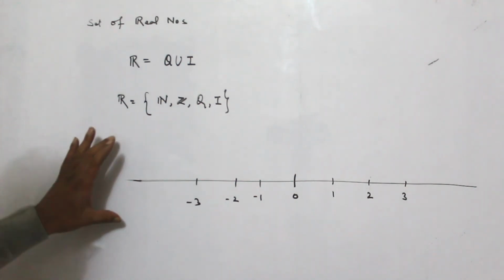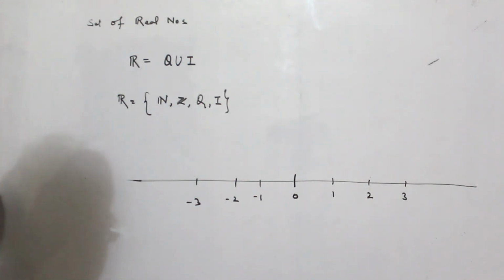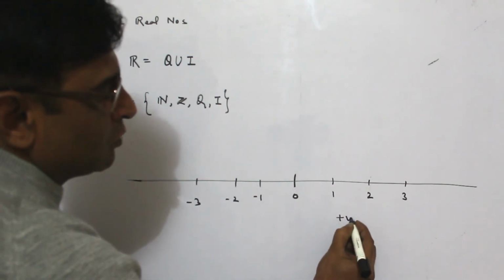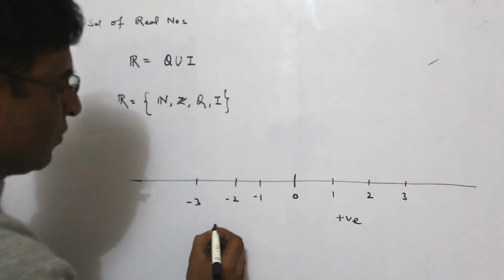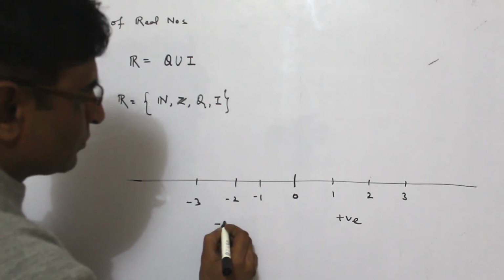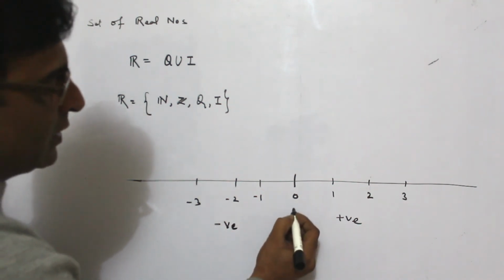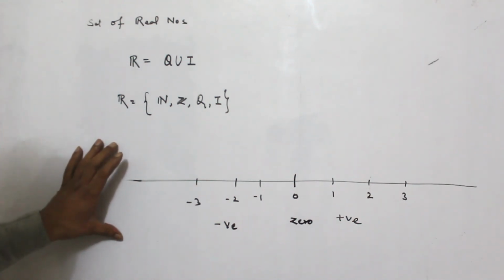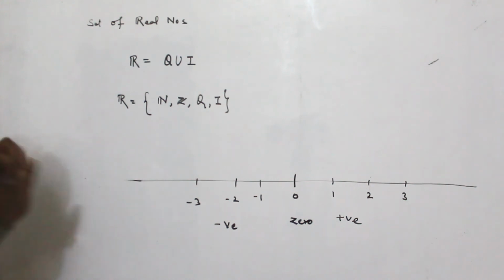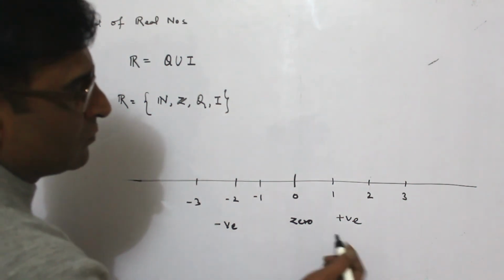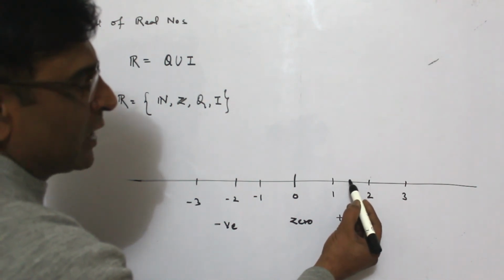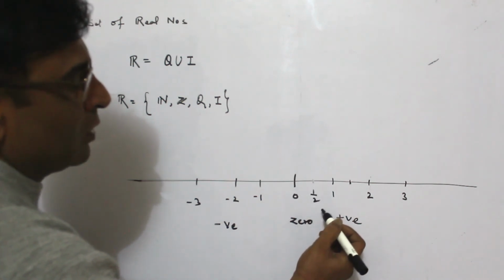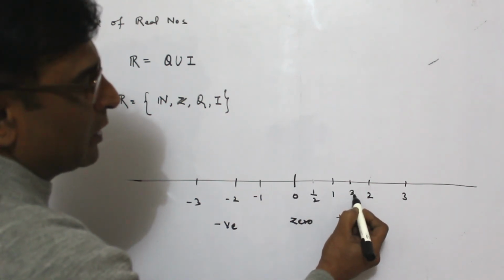So the real line is divided in 3 parts: to the right of 0 positive numbers, to the left of 0 negative numbers, and this is 0. So this is the physical interpretation. Here also numbers, like you can say here is 1 by 2, here is 3 by 2.